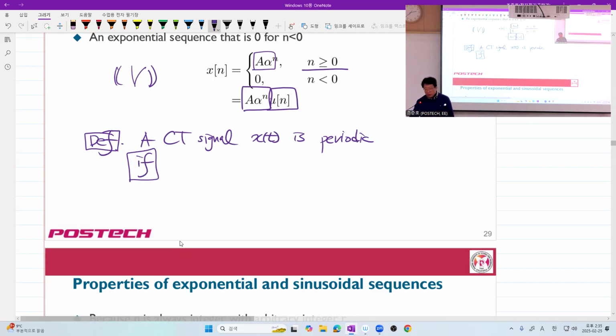So a continuous time signal x of t is called a periodic function if there exists a positive, of course real, capital T such that x of t equals x of t plus capital T for all t in R.